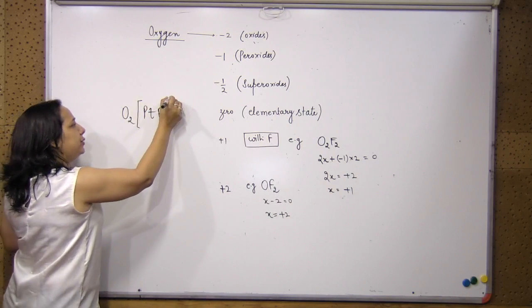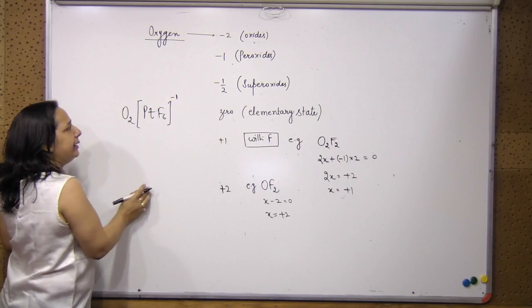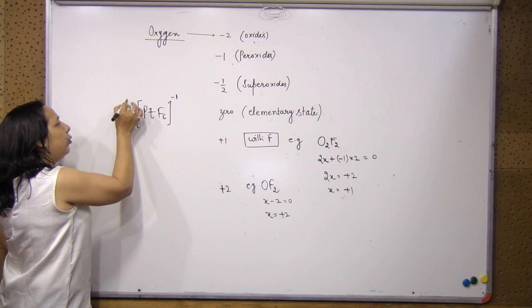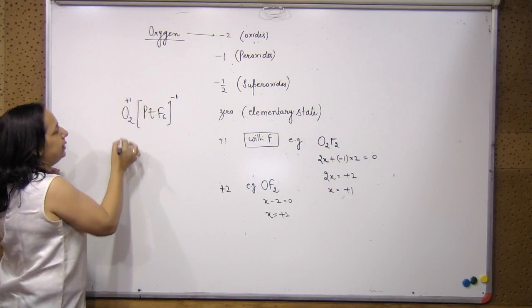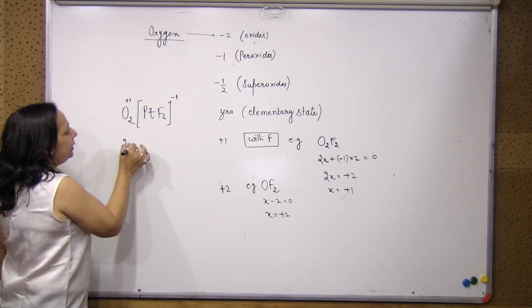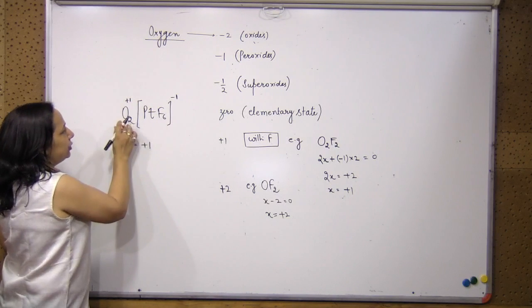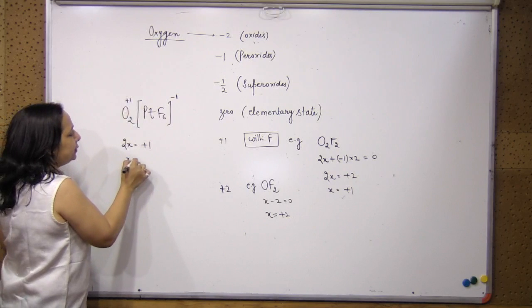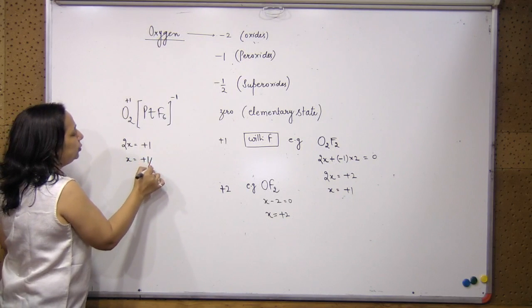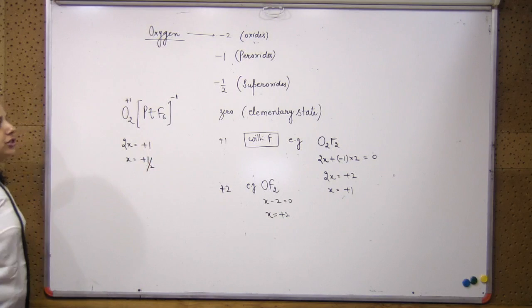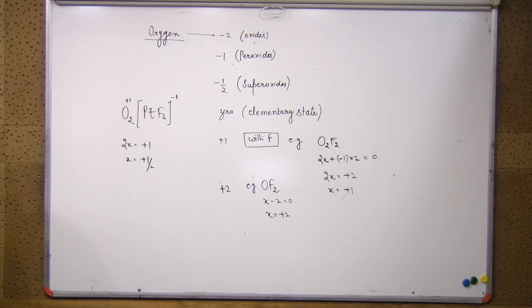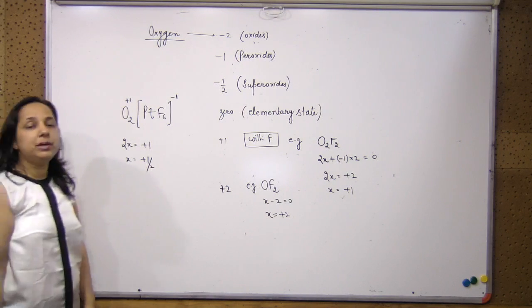In this compound, platinum hexafluoride is -1 and O2 is +1. It means 2x is equal to +1, that is oxygen's charge. X comes out to be +1/2. It means variations in oxygen are large in number. We have -2, -1, -0.5, 0, +1 and +2. Even +0.5 is also possible in one compound.